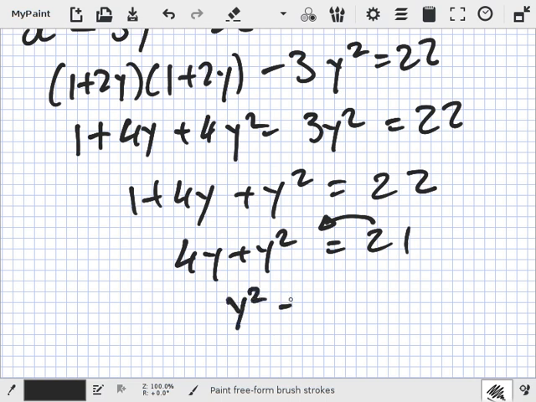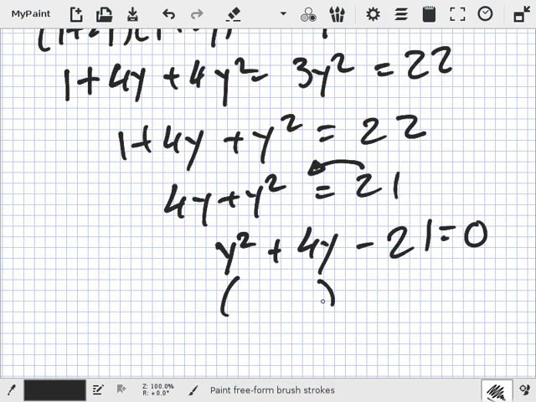So y squared plus 4y minus 21 equals 0. What are the factors here? 7 and 3. You have 4y, yes, so this is y plus 7, y minus 3.